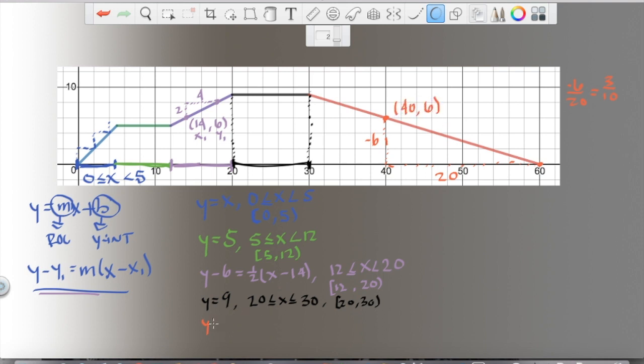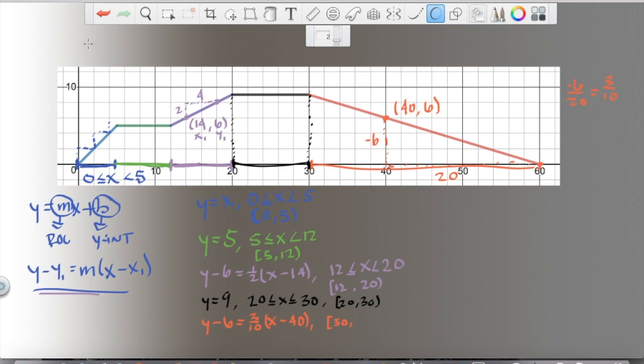So I'd have y minus y1, which is 6, and then that's going to be equal to 3 over 10 times my x minus my x1, which is 40. Like so. Okay, perfect. And that equation works just like that, right? The only thing we need to do now is just specify the part. Well, what part of this am I using? Well, I'm using from 30 all the way over here to 60, right? So we're going to have a bracket here and do our 30.